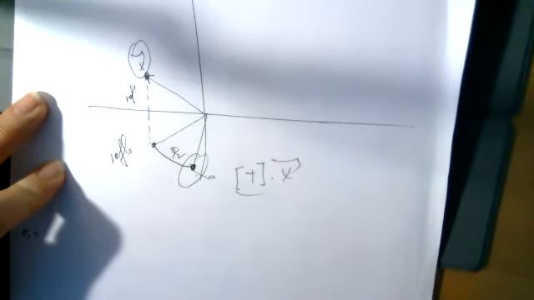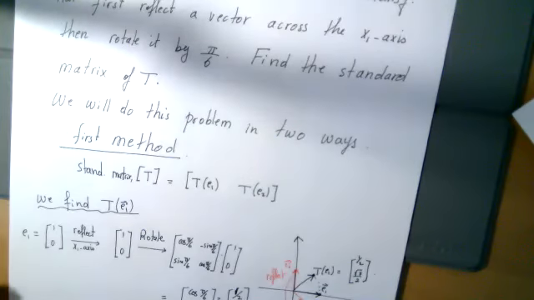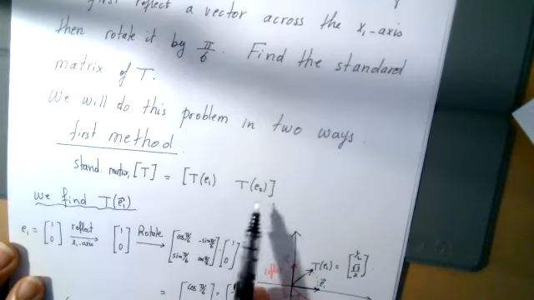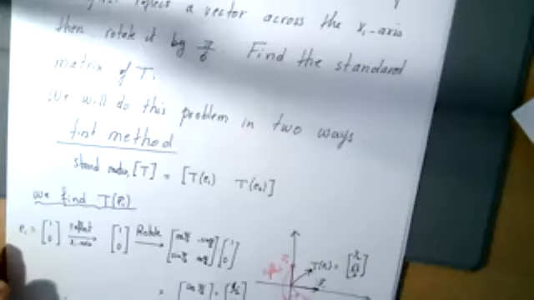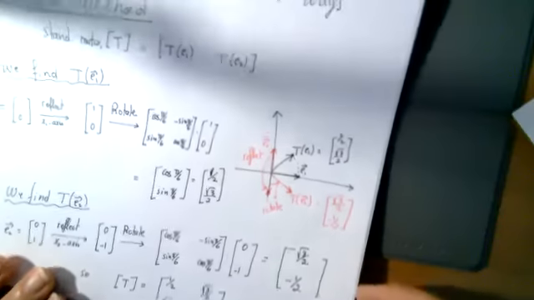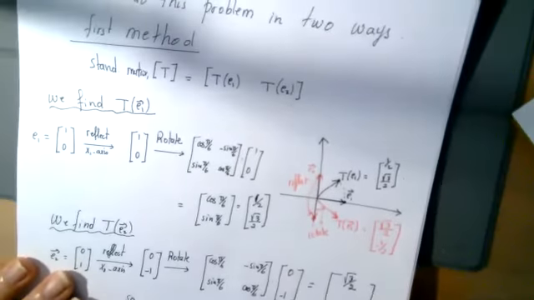That's really what my goal is. Now the theorem tells me to be able to do that, you need to find what T does to E1 and what T does to E2. Always follow E1 and E2. And that's exactly what I'm gonna do.